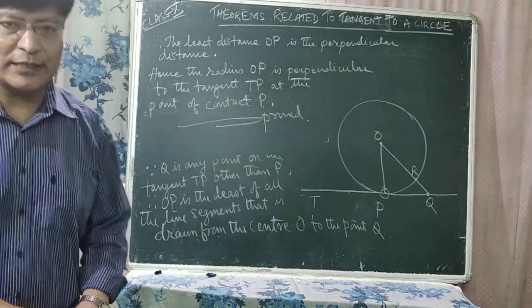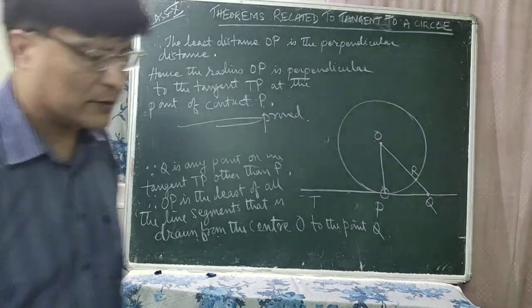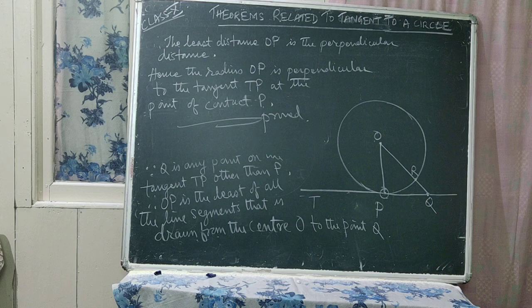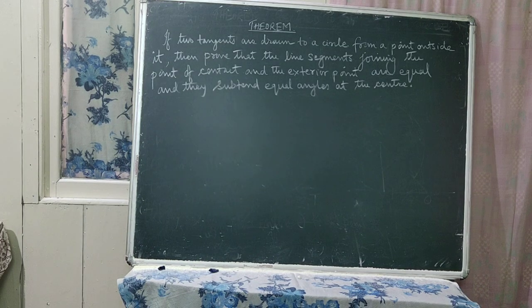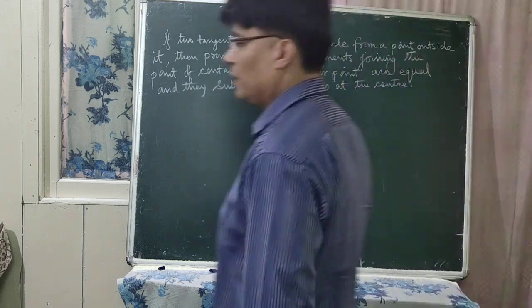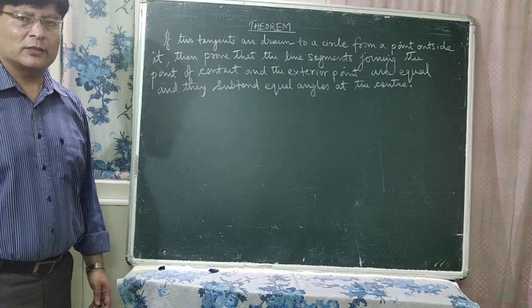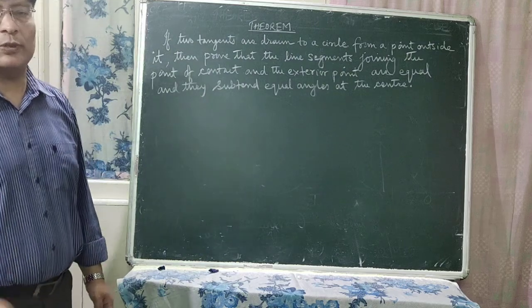Okay, so we'll do the next theorem now. You can copy it. Now we are doing the next theorem, the theorem related to a tangent to a circle.